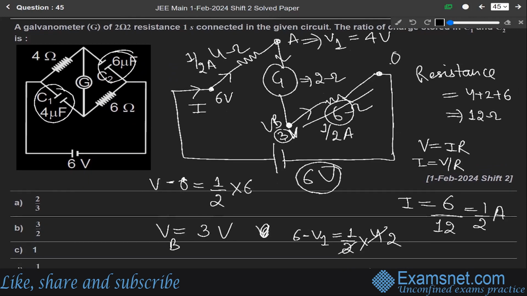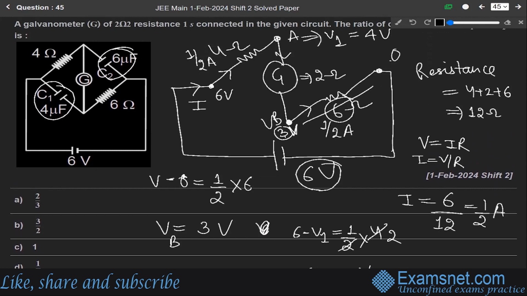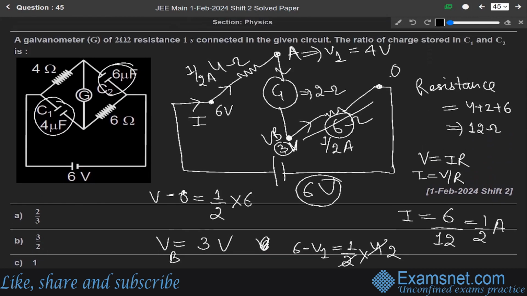Now we have found the potential at point A and the potential at point B. Now what we have to find is the ratio of the charge stored in C1 and C2.